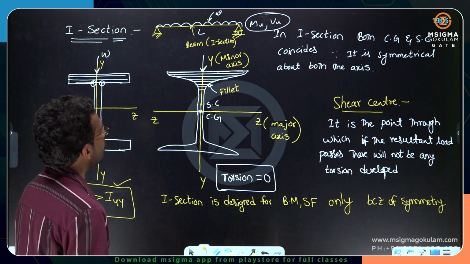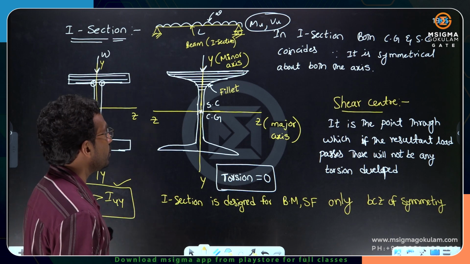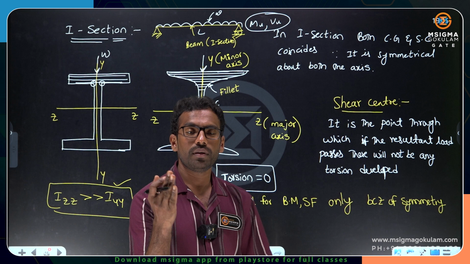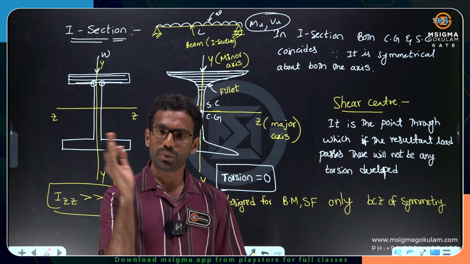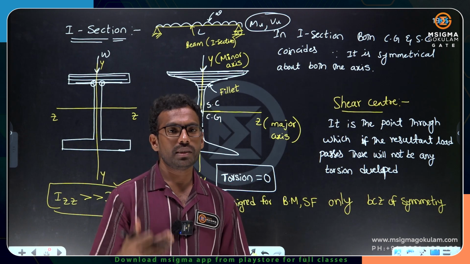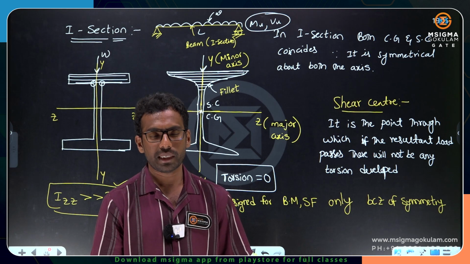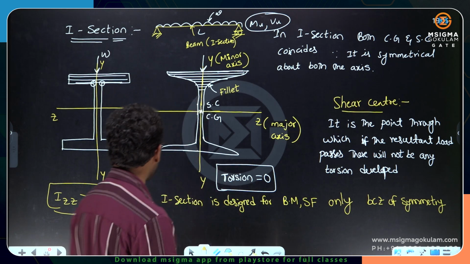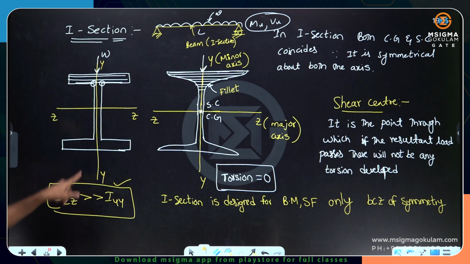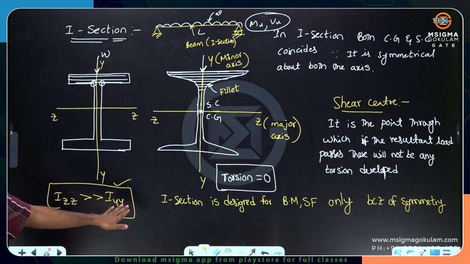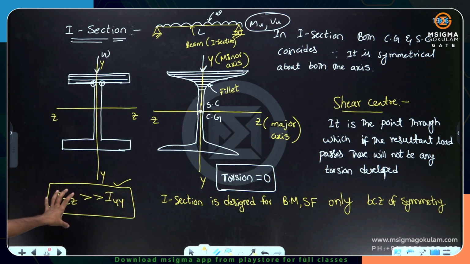Fine. Now understand, dear friends, as I told you just now, bending moment occurs about the neutral axis, and torsion occurs about the polar axis. Now come to the point here. In the I section, the ZZ axis is called the major axis and the YY axis is called the minor axis, which means that as the I section has more moment of inertia about the ZZ axis, it can take more moment about the ZZ axis.